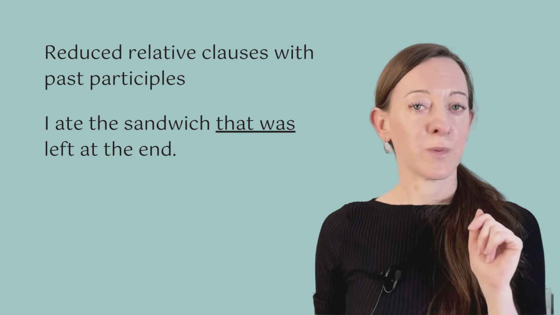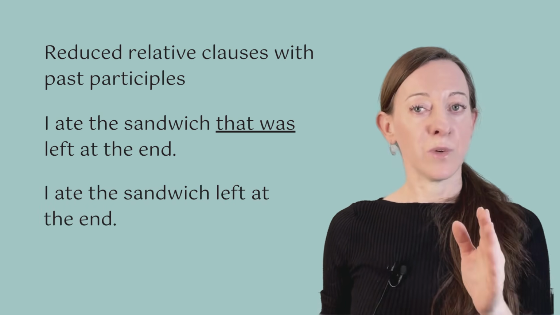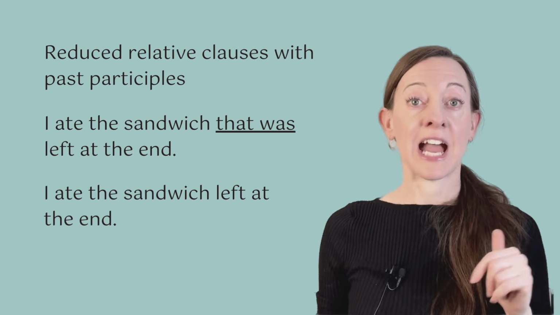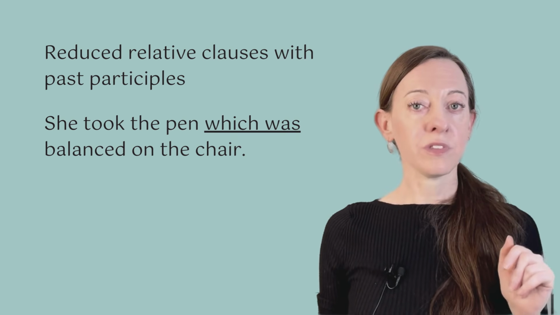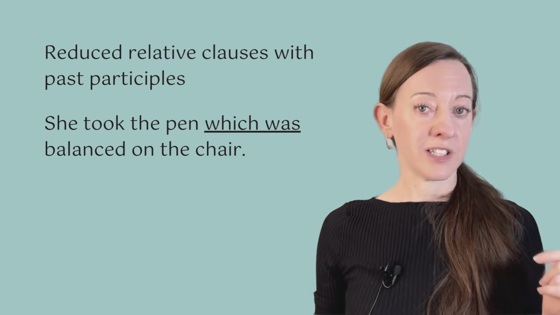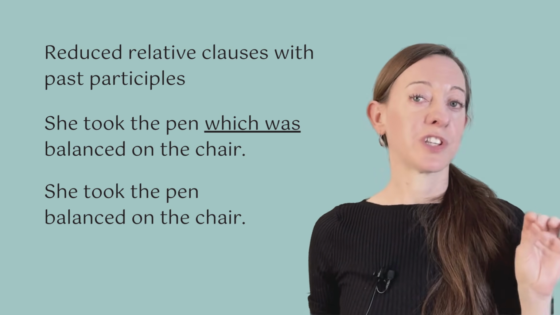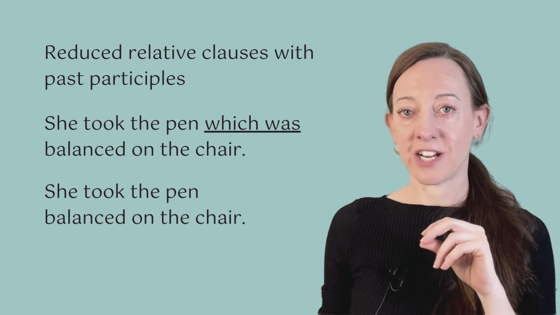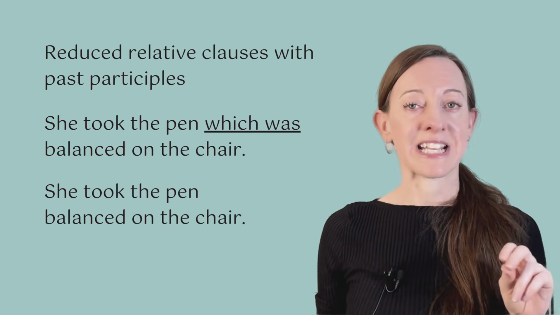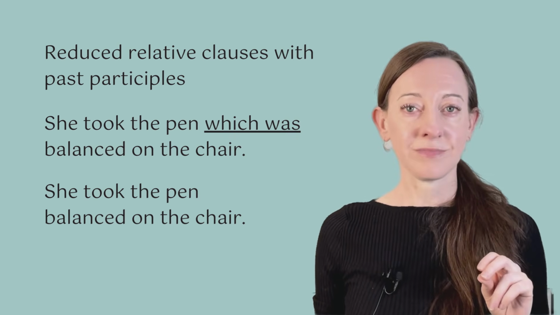If we reduce it, we say, I ate the sandwich left at the end. So I've dropped that and was. She took the pen, which was balanced on the chair. This changes to, she took the pen, balanced on the chair. These types of clauses often replace a simple passive relative clause.